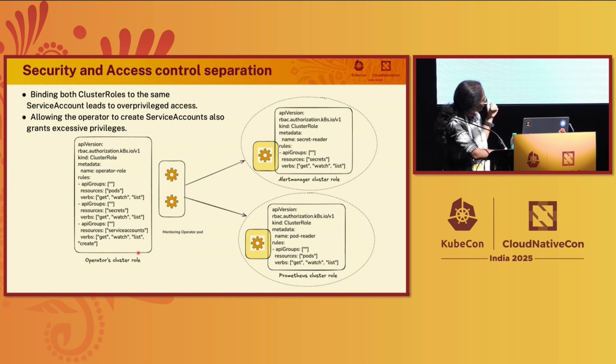That means your operator pod should be able to create and watch your service accounts as well, if it has to create different service accounts and bind your cluster roles to them. So what happens here is that you're giving too much access, which goes against the least privileged access in Kubernetes. There is one more point to prove why that is the case.